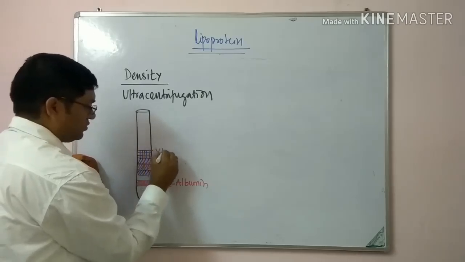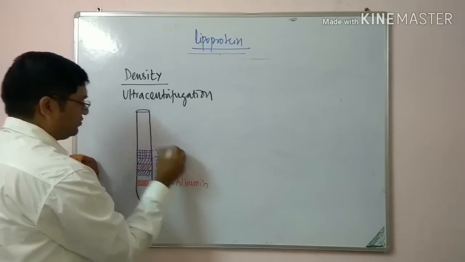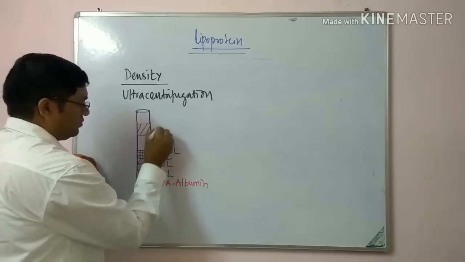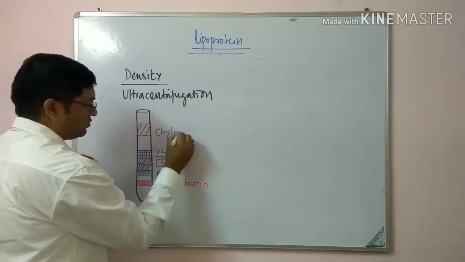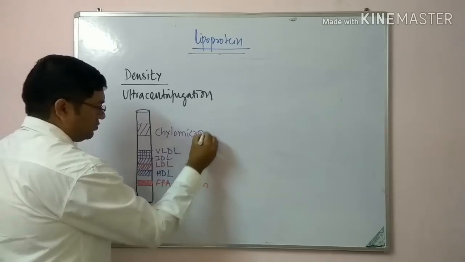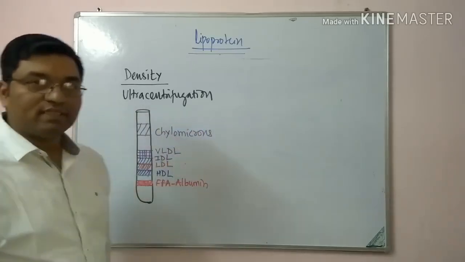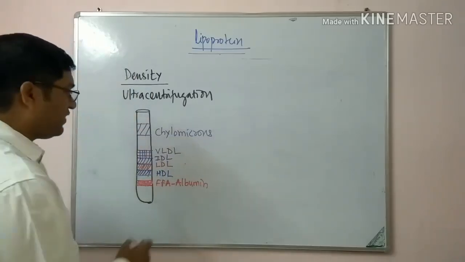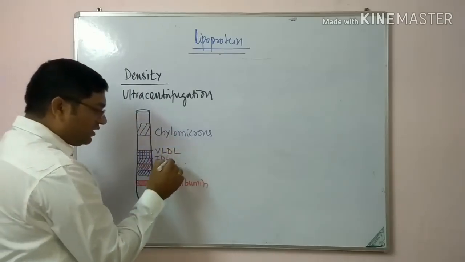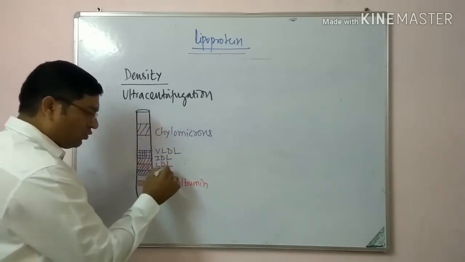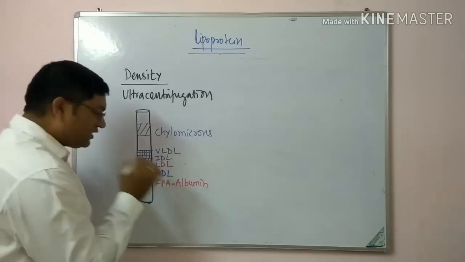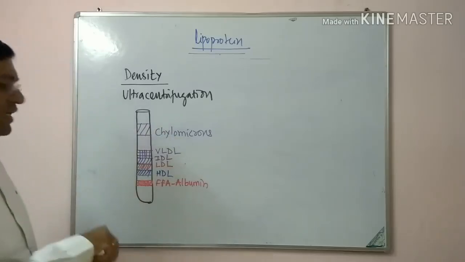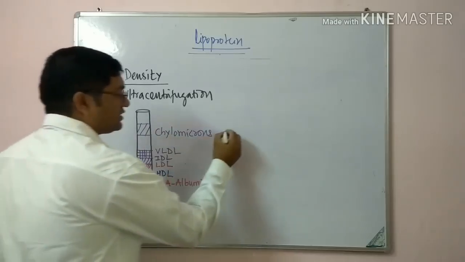This is VLDL and chylomicrons. So depending on their density, they get separated and are classified as chylomicron, VLDL, intermediate density lipoprotein, low density lipoprotein, and high density lipoprotein.